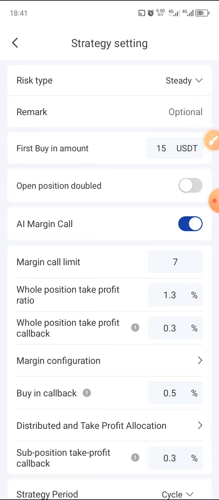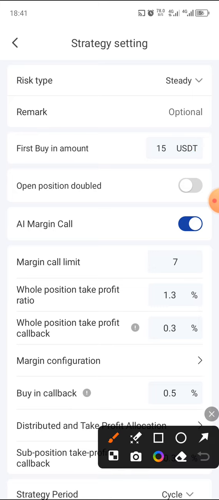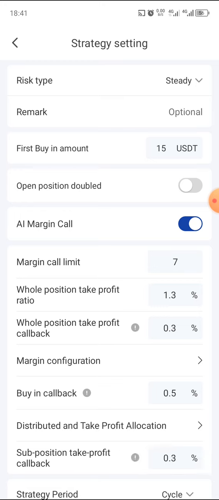So after that, we are going to be setting our strategy according to our capital. I'm going to give one example of a person using $300. Remember, I told you that this strategy is going to work perfectly for people using $150 and above.